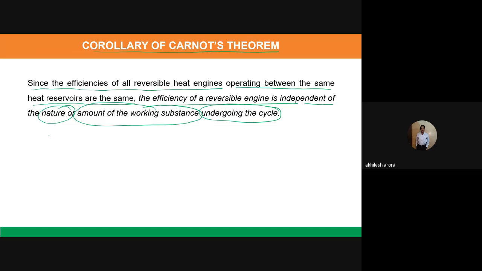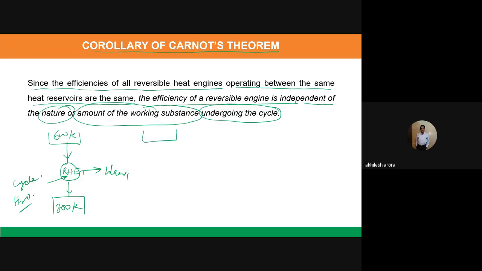See, what is the meaning of this? From the Carnot's theorem, if we have an engine here, let me call this reversible heat engine 1, operating at a temperature of 600 Kelvin and 300 Kelvin, and here we are getting W reversible. Let us say the cycle going on within this reversible heat engine is based on water, H2O.